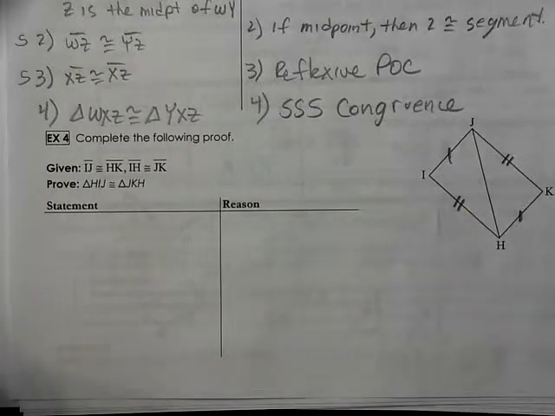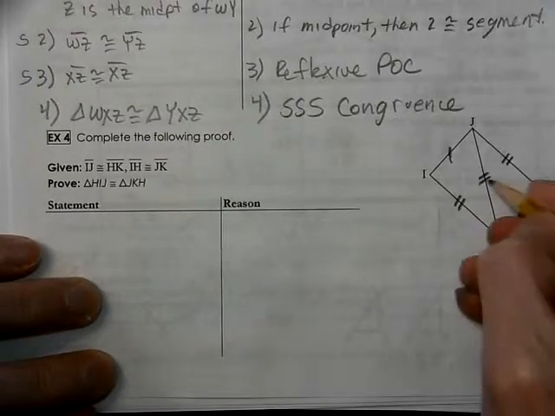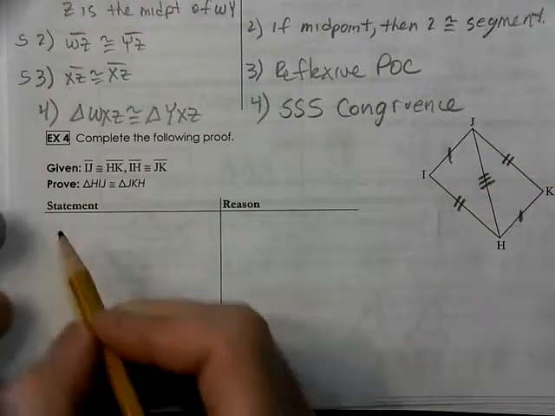Looking at our figure, how could we get another bit of information to help us show the two triangles are congruent? We would see that JH is the reflexive property. It has to be the same in both shapes. Then we have three sides of one triangle matching three sides of another.